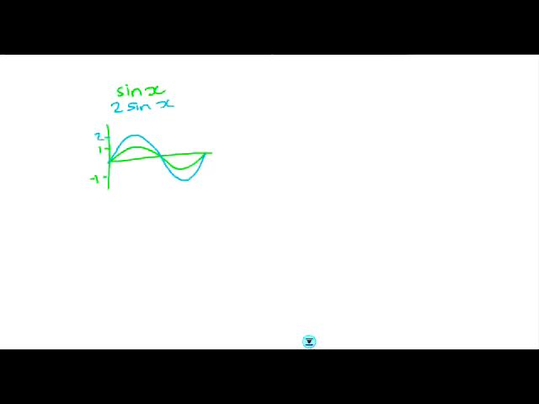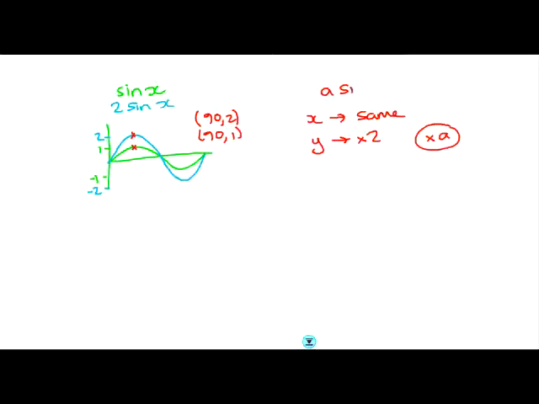Go up to 2 and down to -2. So if we map these coordinates again, we're going to have 90, 1 and 90, 2. So this time the x's are staying the same, but the y's are being doubled, or times them by a, if you wanted to put a general formula to it.